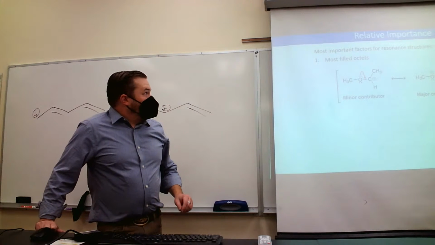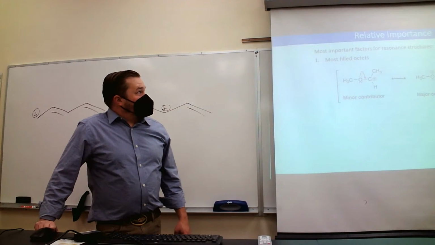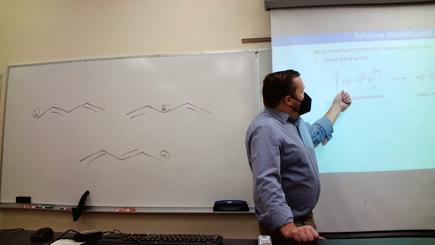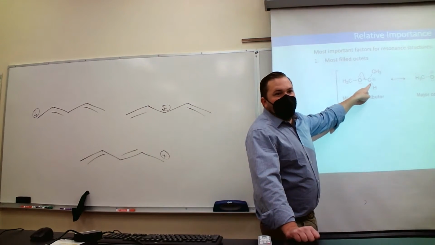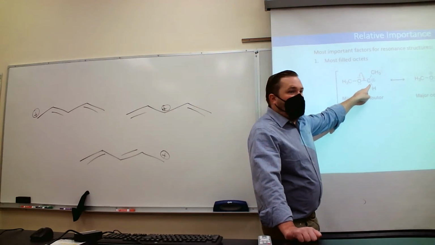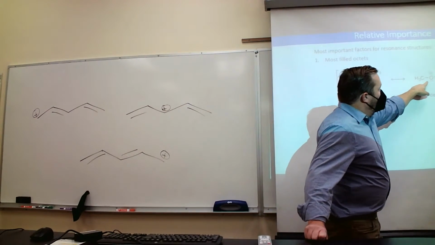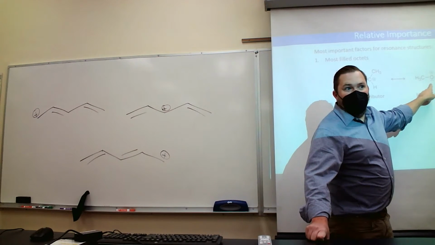So if we're looking at some examples for each of these, starting with most filled octets: if we have this structure where we have a positive charge on a carbon, that's an incomplete octet, right? But if it's next to a lone pair, we can make another resonance structure where everything has a complete octet.